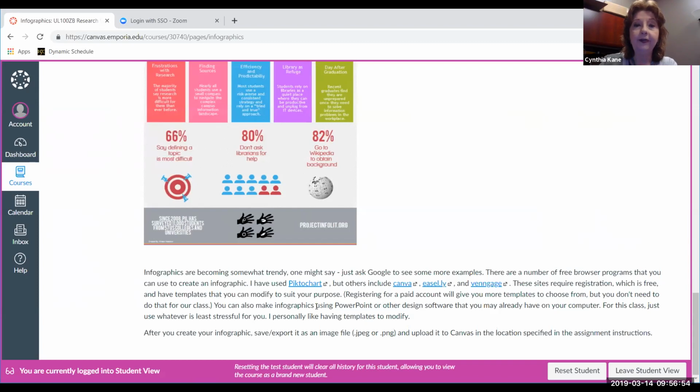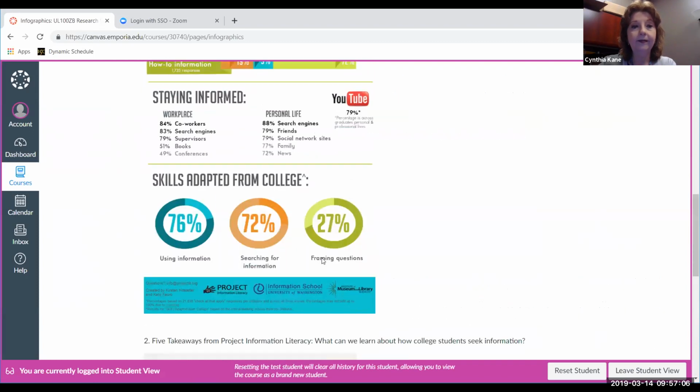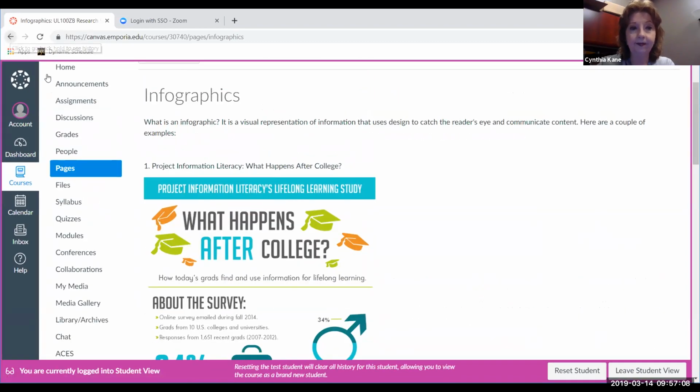If you choose to do the infographic about yourself as an engagement activity, you would save and export it as an image file, a JPEG file, or a PNG file, and you would upload it to Canvas back over here.